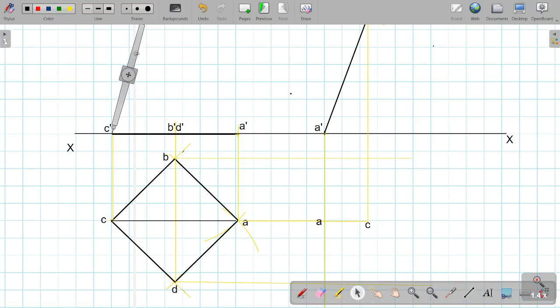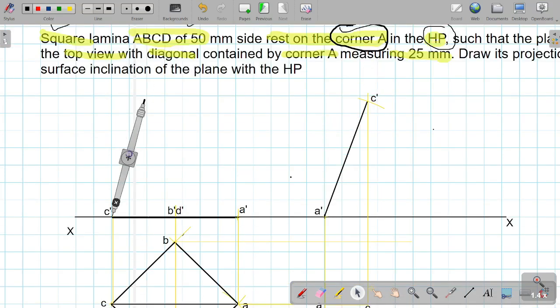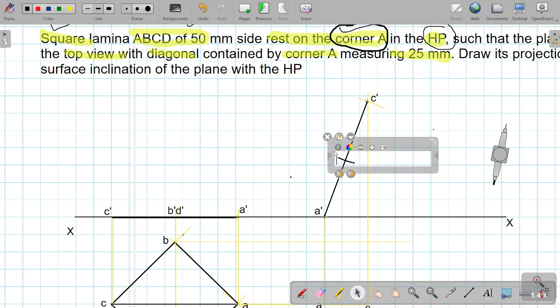You can measure from C also, you can measure from A also. Now keeping the compass at C and making an arc here to locate the position of points B and D. So this is B dash and D dash.